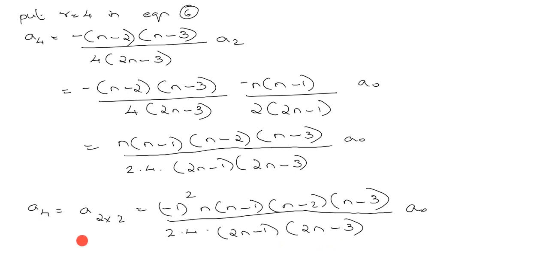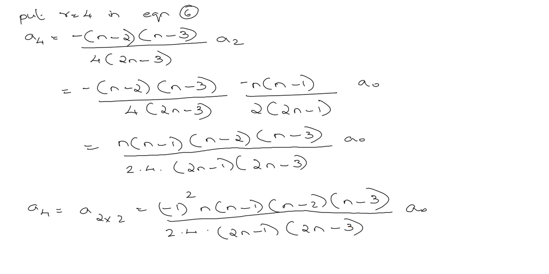A6 can be written as A2 into 3, so that will be equal to minus 1 raised to 3. When it is A4, the term in the numerator ends with N minus 3. So when it is A6, it will end with N minus 5. And here 2 into 4, so the denominator should contain 2 into 4 into 6, and in the denominator of A4 it is ending with 2N minus 3, so in the case of A6 it should end with 2N minus 5.